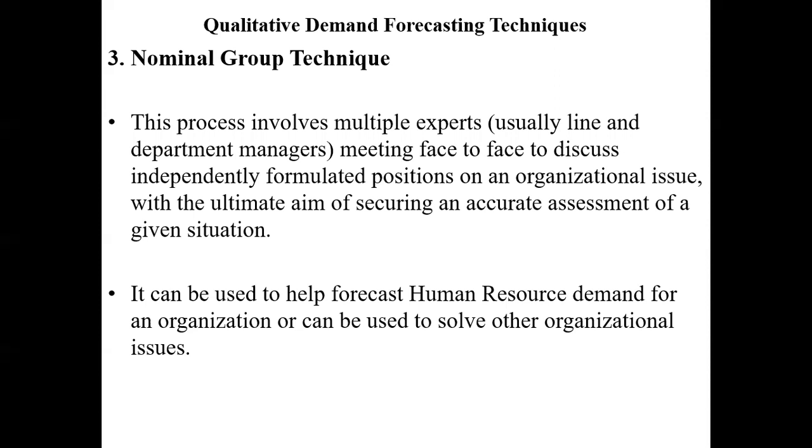So it can be used to help forecast HR demand for an organization, or can also be used to solve other organizational issues. So unlike the Delphi method where you start by letting the experts work separately, here you let them work face to face, and they will have to discuss all that they are thinking through, their positions back and forth in a face-to-face manner.